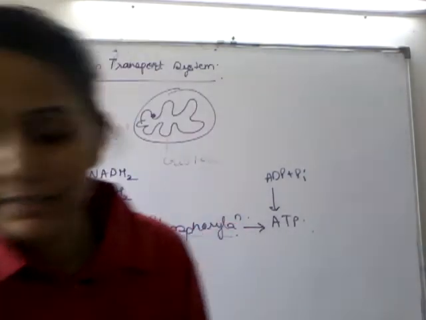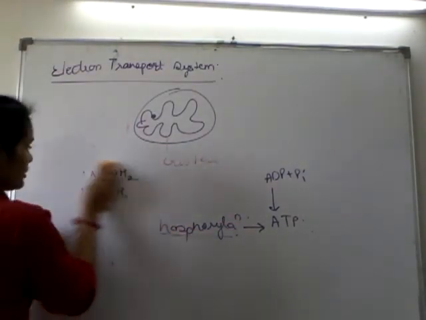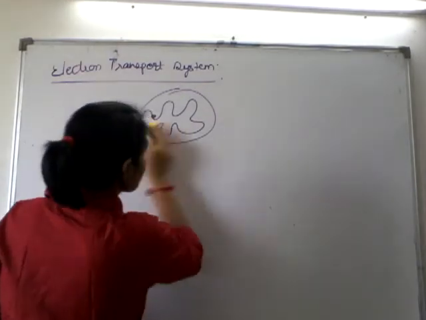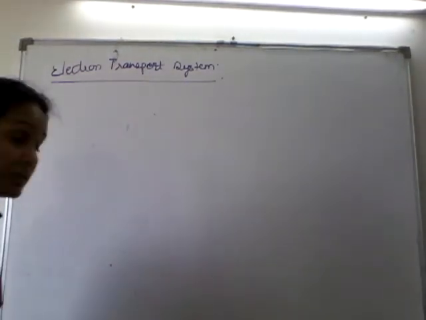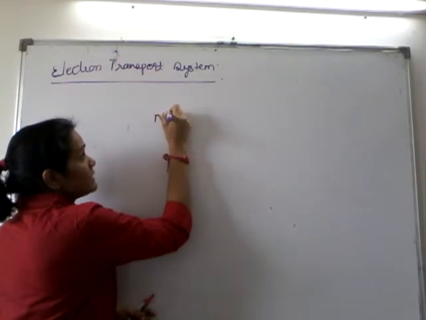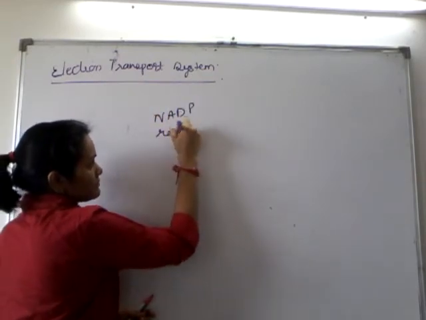Now let us see how it is arranged on the inner membrane of mitochondria. The first molecule is NADH reductase.